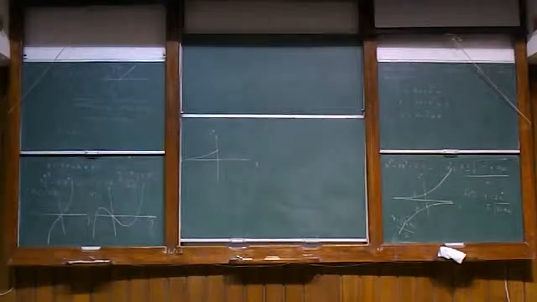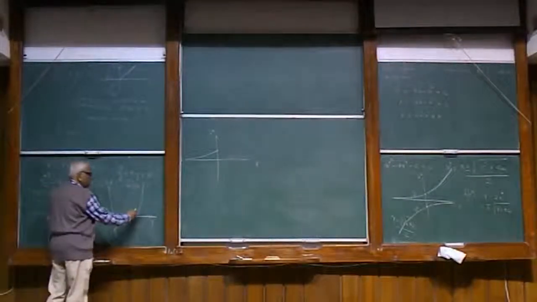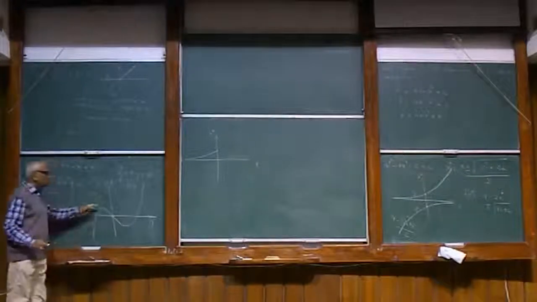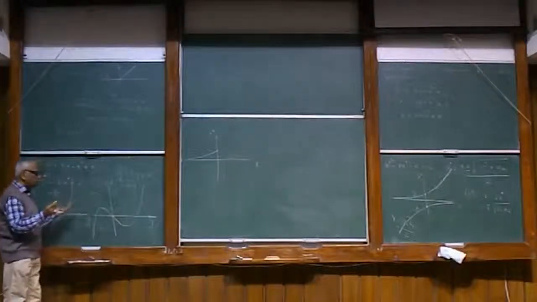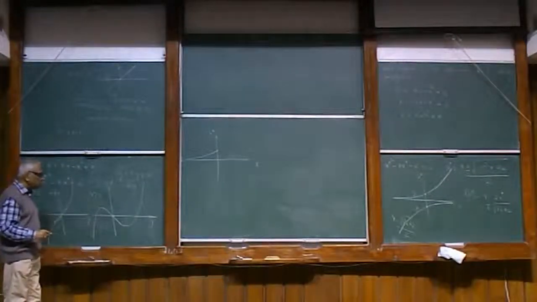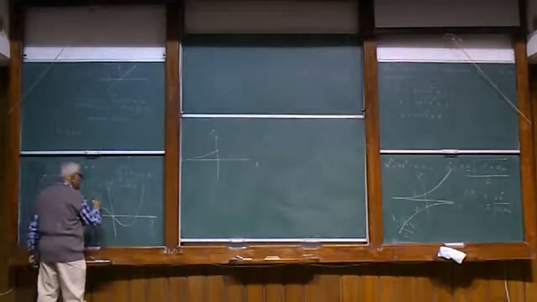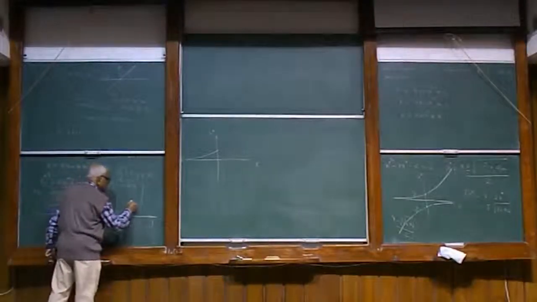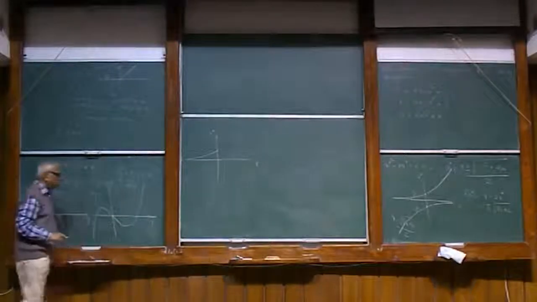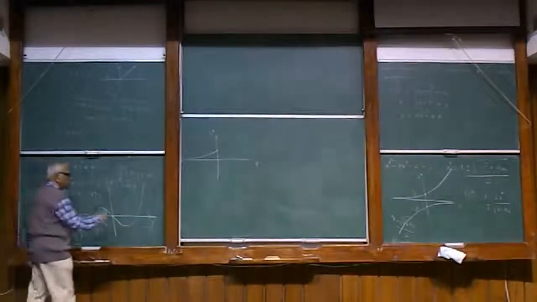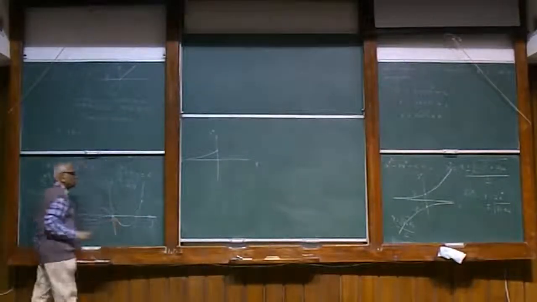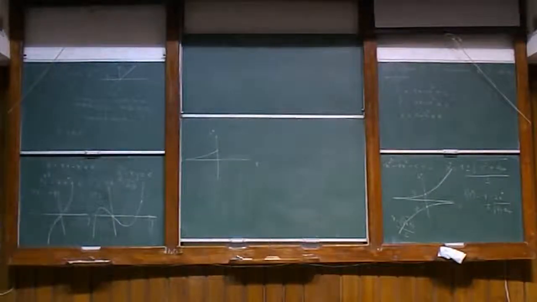And now it's interesting because epsilon, now I have to draw the line epsilon equal to constant. So if I draw the line epsilon equal to constant, if epsilon sits over here, then as before I have only one intersection.